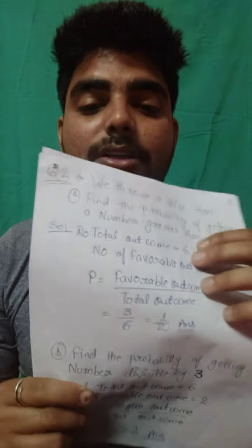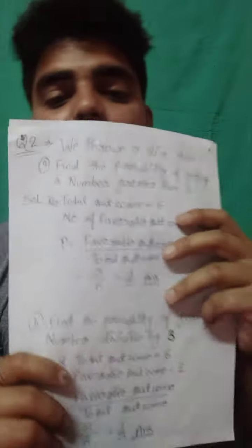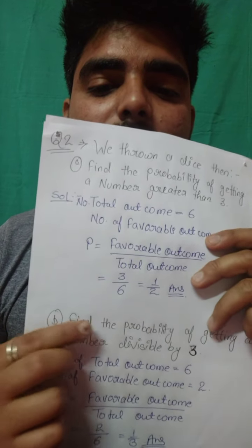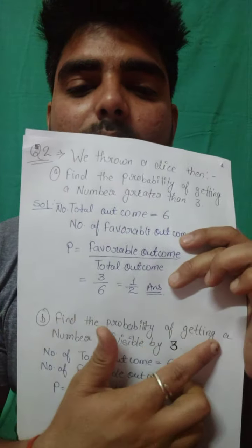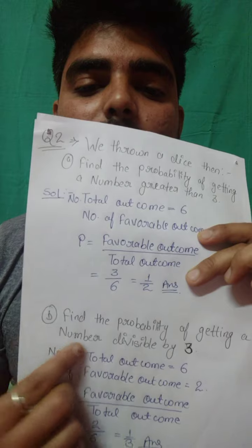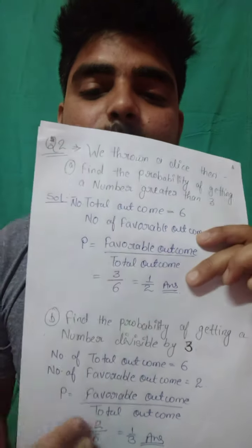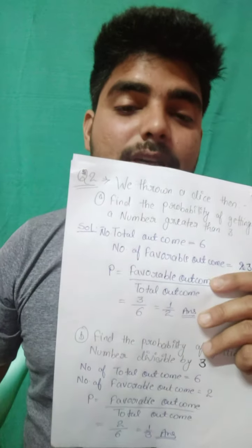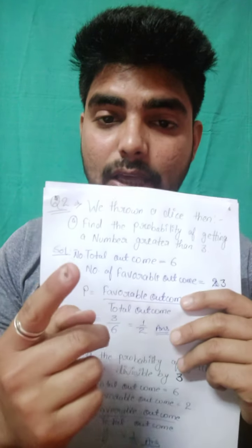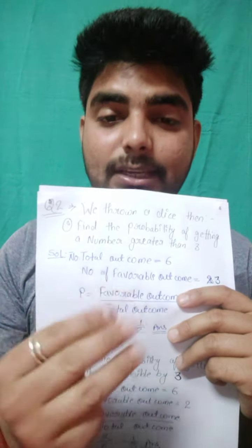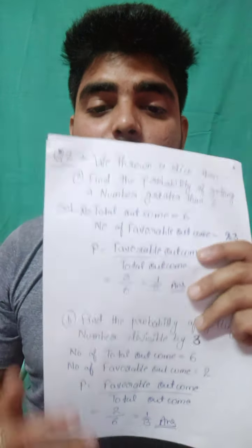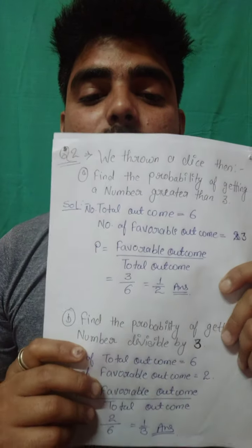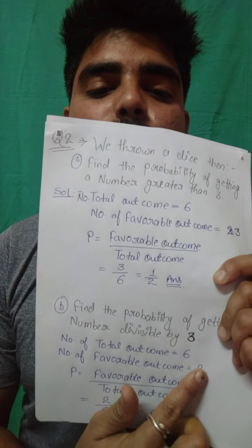Let's take the next question. Find the probability of getting a number divisible by 3. In this case, what are the numbers on the dice which are divisible by 3? It is 3 itself or 6. So in this particular case, what is the favorable outcome? Favorable outcome is 2.